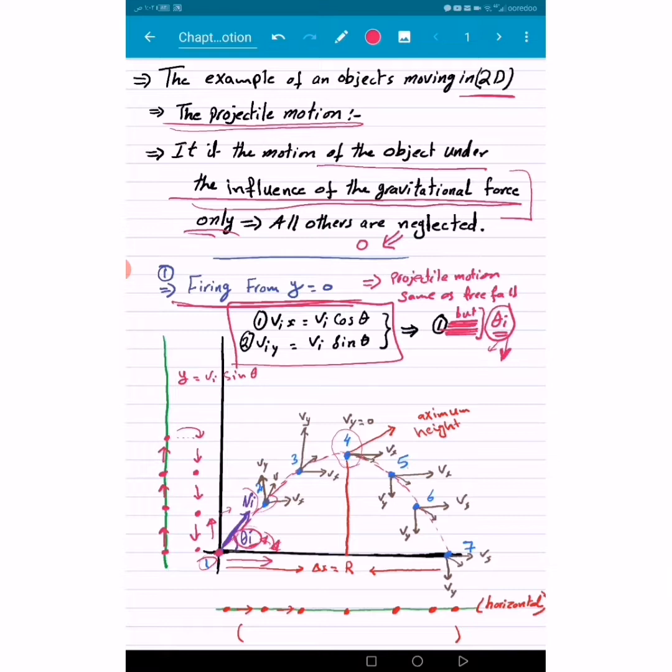So that is the first equation, and very important, please be careful about this equation.